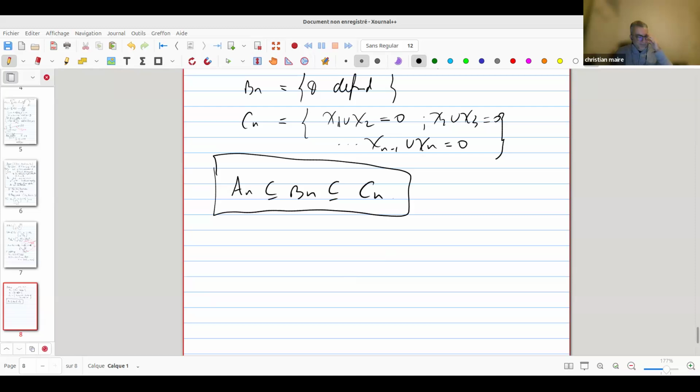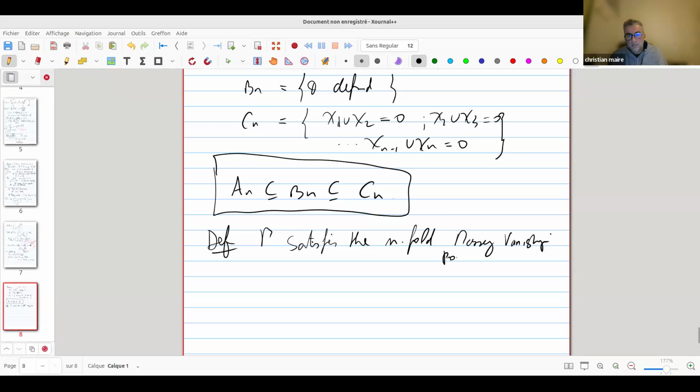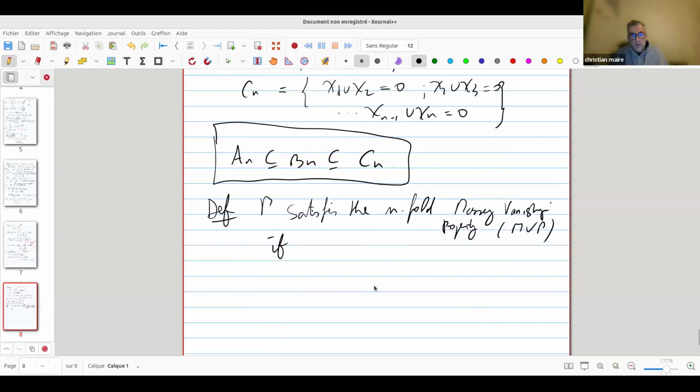Okay, we have this inclusion, and we say, definition: gamma satisfies the n-fold Massey vanishing property, MVP, if we have An equal to Bn.